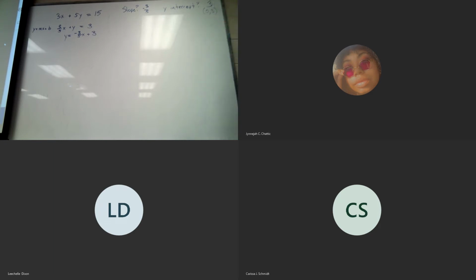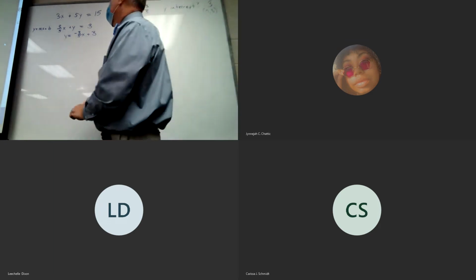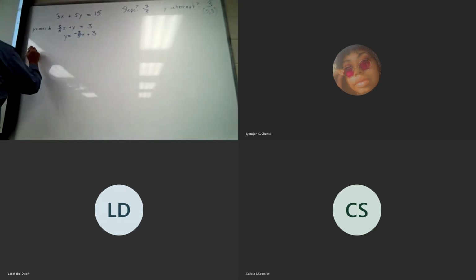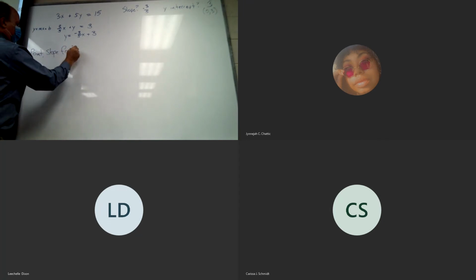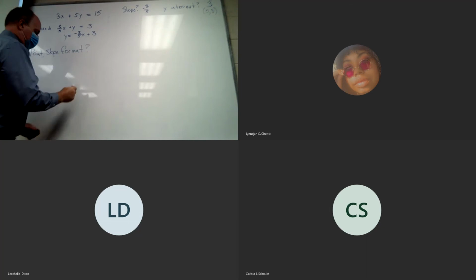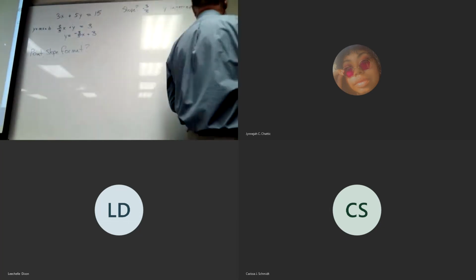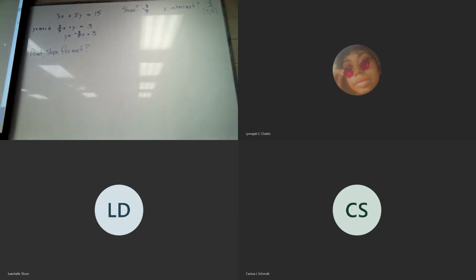Now, put it in point slope format. What in the world? How would I get point slope format? I have to first find a point that it goes through.